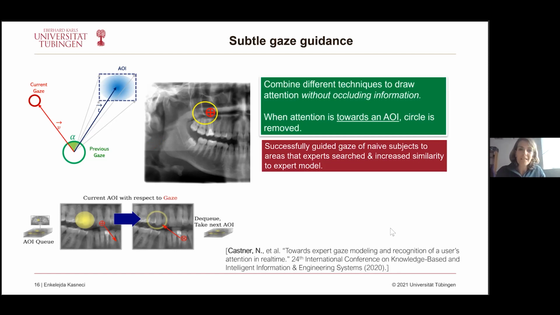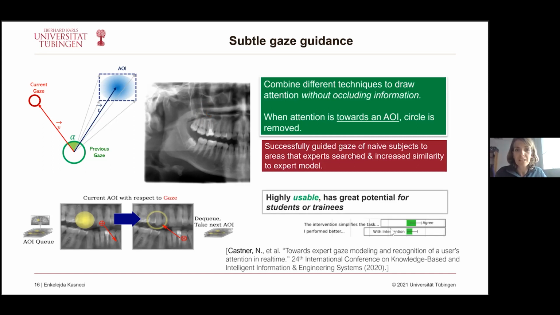During the pandemic, we didn't have much choice of trying it on a large scale, but we managed to successfully guide the gaze of naive subjects, meaning computer science subjects, through OPT images.